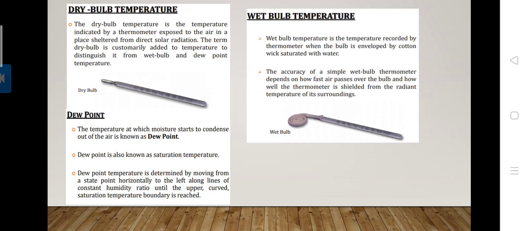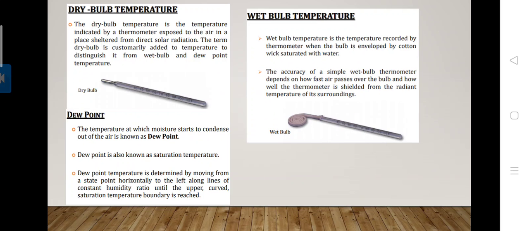Next is the dew point temperature. Dew point is the temperature at which moisture starts to condense out of the air. Dew point is also known as saturation temperature. Dew point temperature is determined by moving from a state point horizontally to the left along lines of constant humidity ratio until the upper curved saturation temperature boundary is reached.